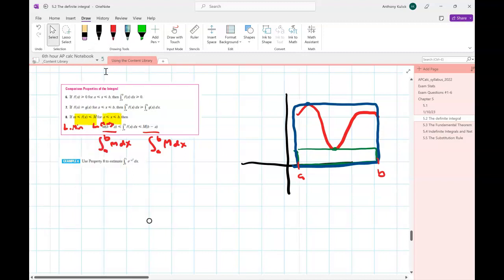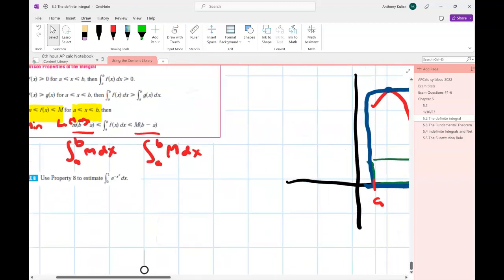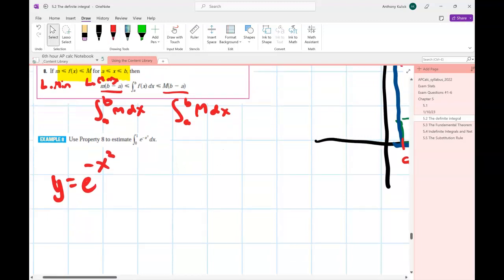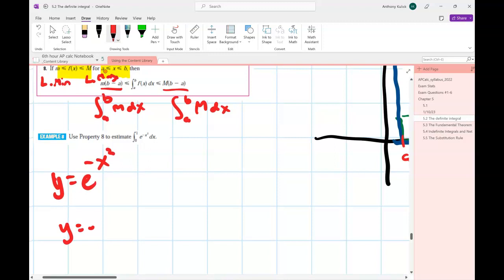Now, what's the hitch with using this? Finding those local mins and maxes. The best case scenario is one like this example 8. Our function is y equals e to the negative x squared. Remember that the graph for e to the x looks like this, correct?